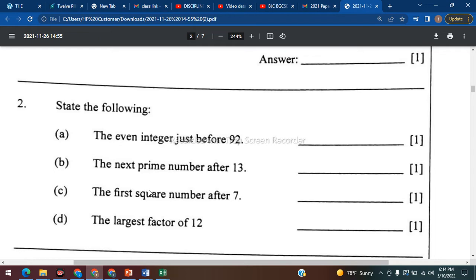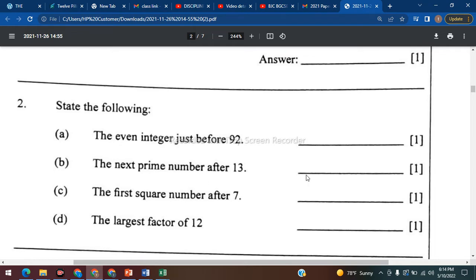After 49, 64. Just 8 times 8. After 64, we get 81. Very good. After 81, we get 100. After 100, 121. Very good. After 121, we get 144. Very good.